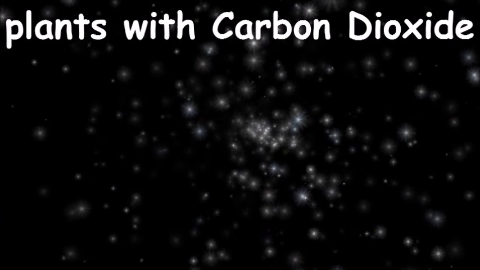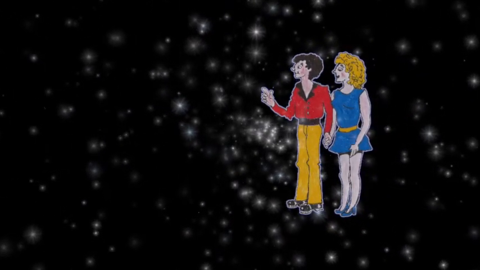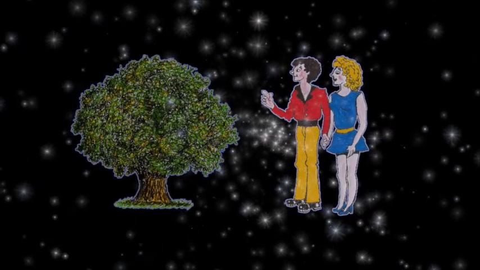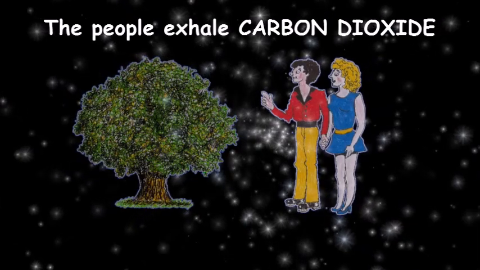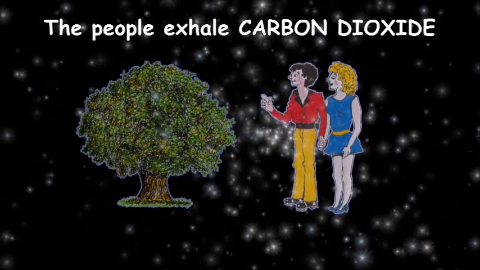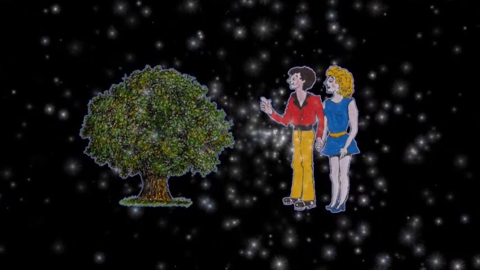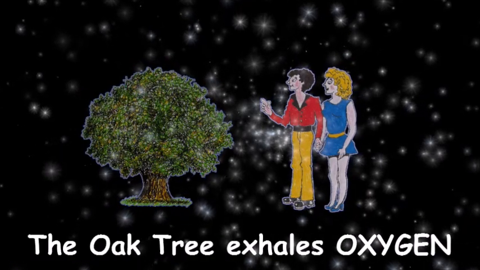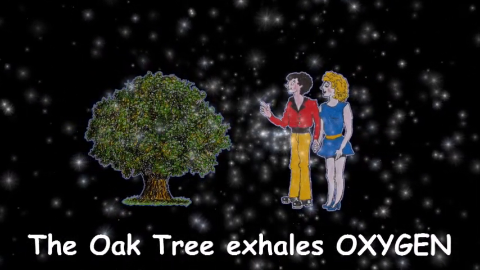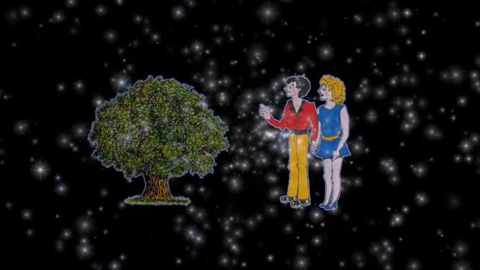If we take two people here and put them with one oak tree, the balance is perfect because those two people breathe out enough carbon dioxide to keep that one full-grown oak tree alive. The oak tree then breathes out oxygen, which keeps the two people alive. So, in actual fact, forget the Earth's atmosphere.